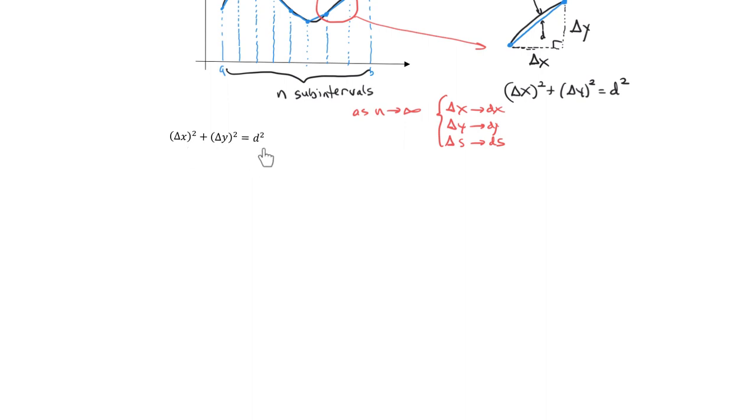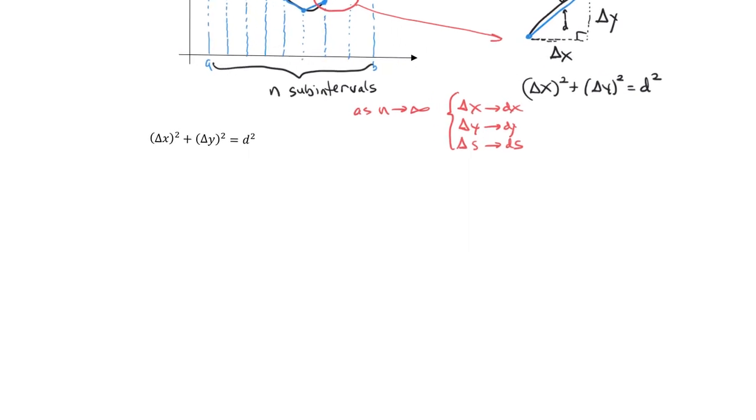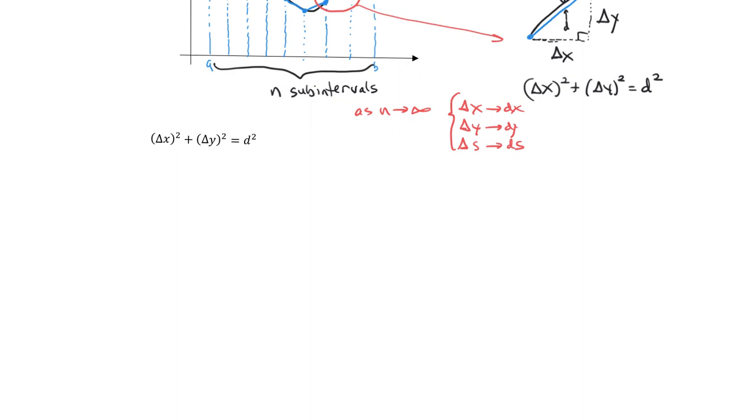So this, of course, is just from the picture. If I were to solve this for d, I'm going to take the square root of both sides. So we would get d is equal to the square root of delta x squared plus delta y squared. Now delta s is approximately equal to that, right?